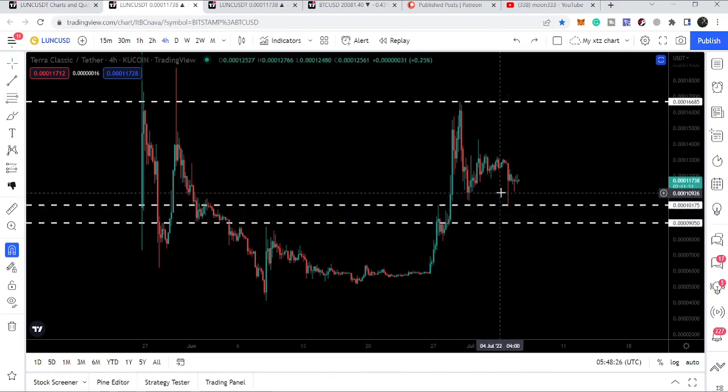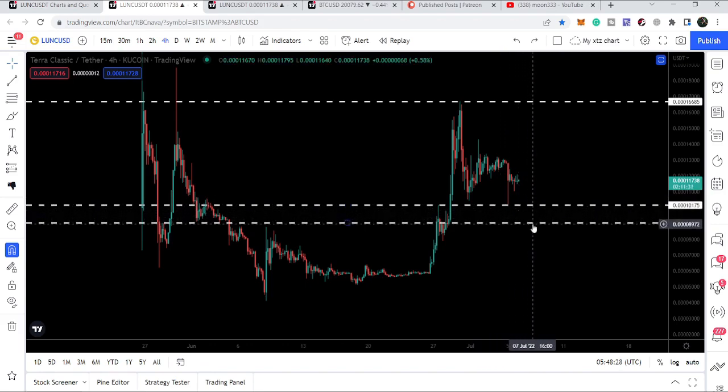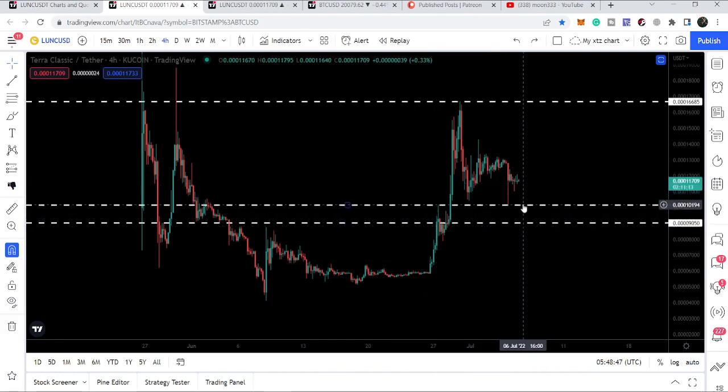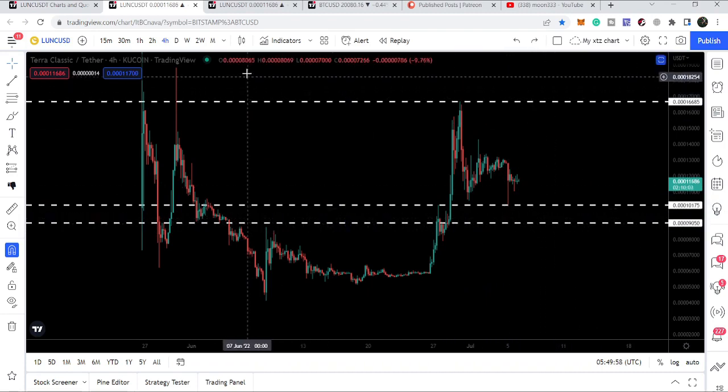For example, if Terra Classic breaks down this support, then we have another immediate support here at 0.00009050, and this level has worked as a support here, and as a resistance here and here as well. Therefore, if the price line breaks down the support of 1075, then it can work as another immediate support.